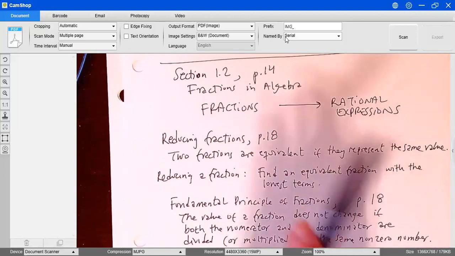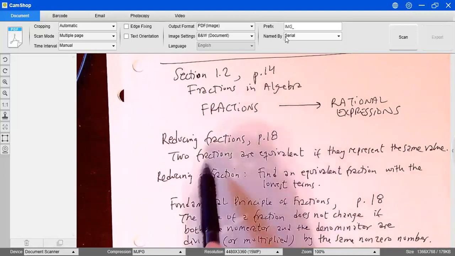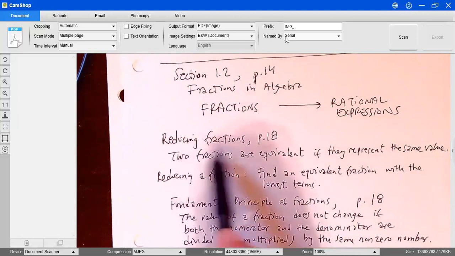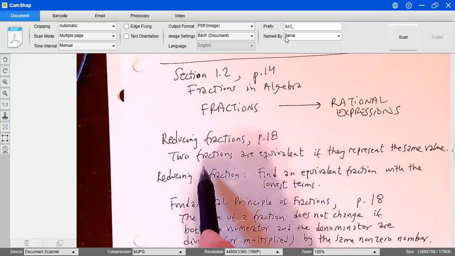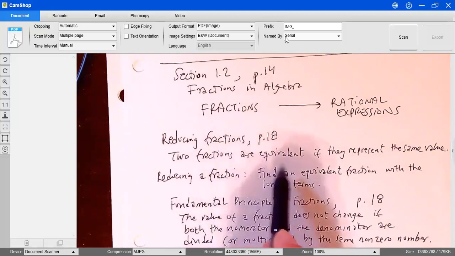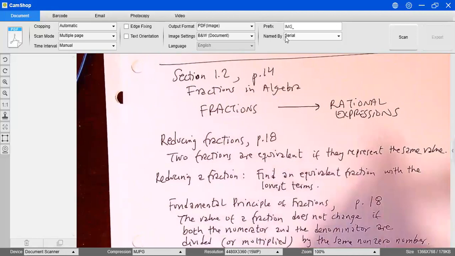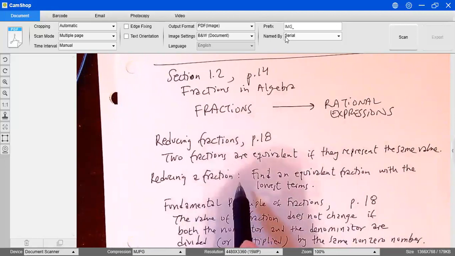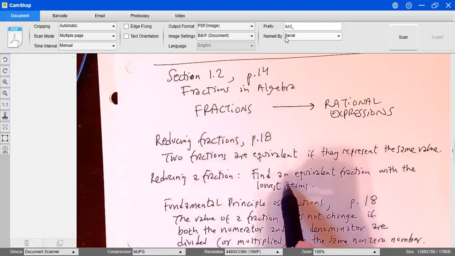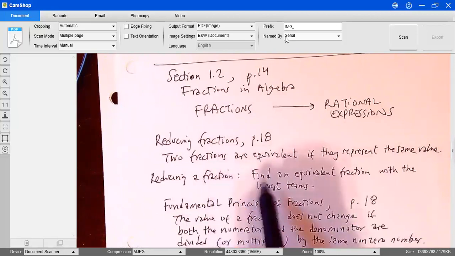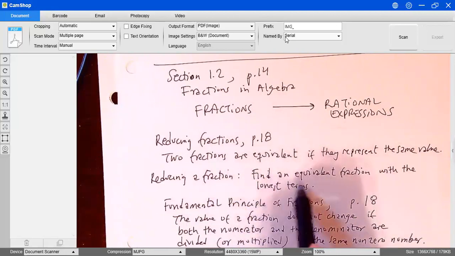So we need to remember our fraction math. If you check page 18, you're going to see what reducing a fraction means. You have two fractions, and they are equivalent if they represent the same value. How do you reduce a fraction? The purpose of reducing a fraction is to find an equivalent fraction with the lowest terms.